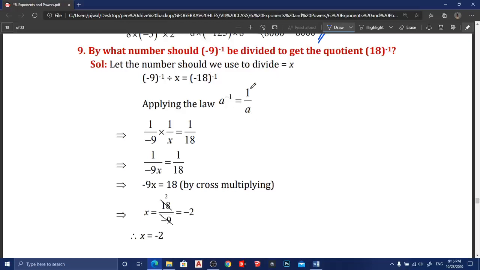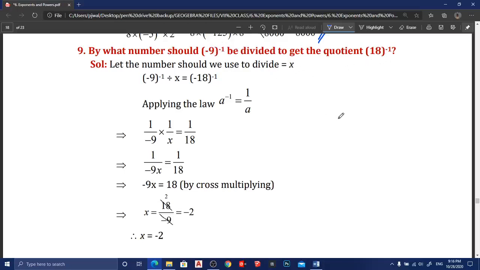Let the number to be divided, you have to take always as x. So to solve this type of problems, think in place of these numbers some small numbers.